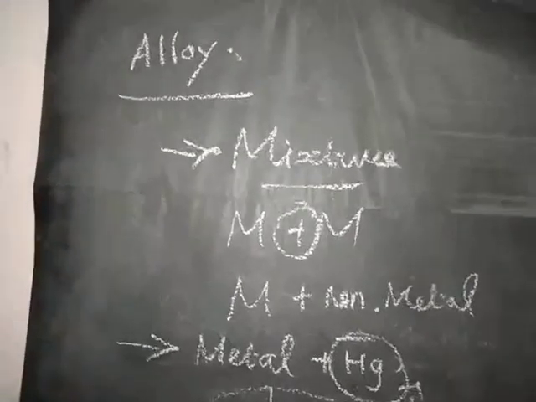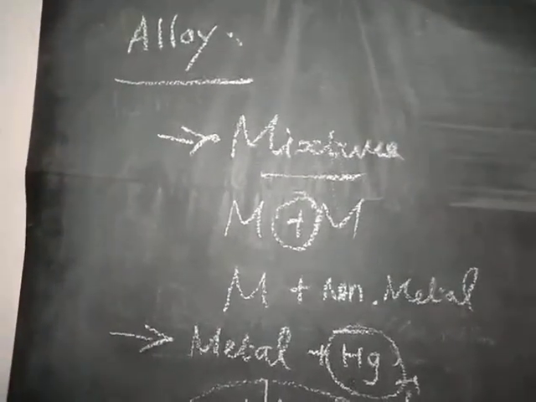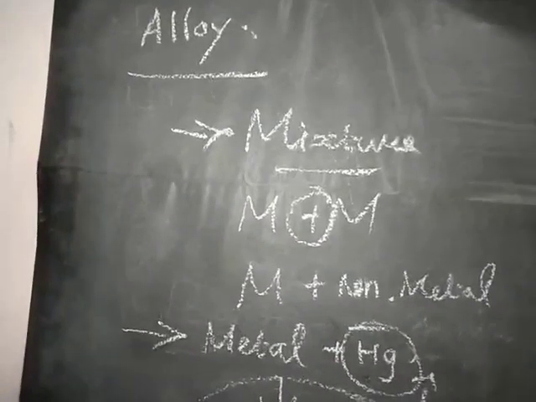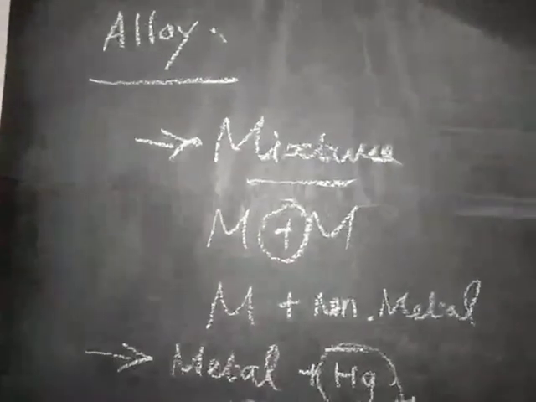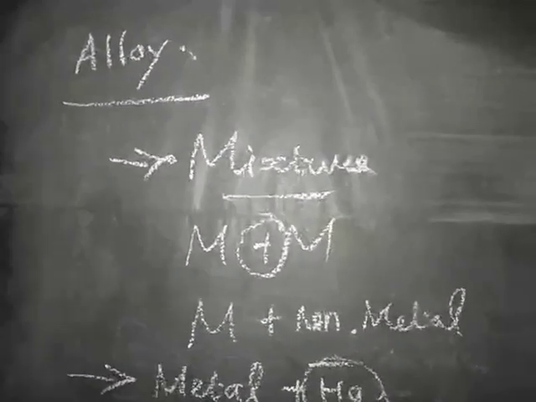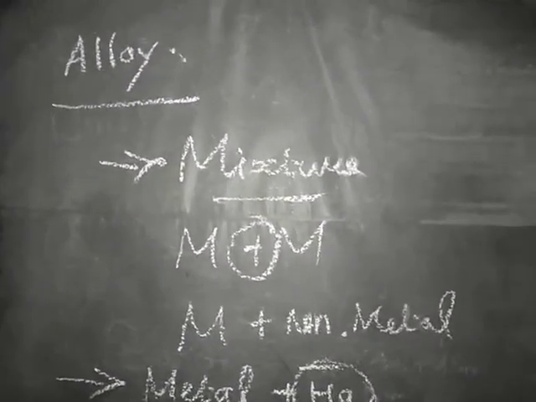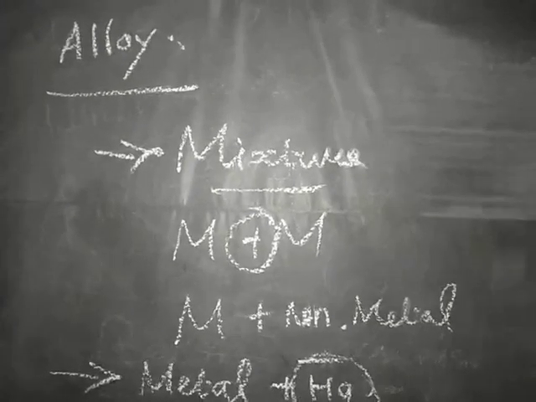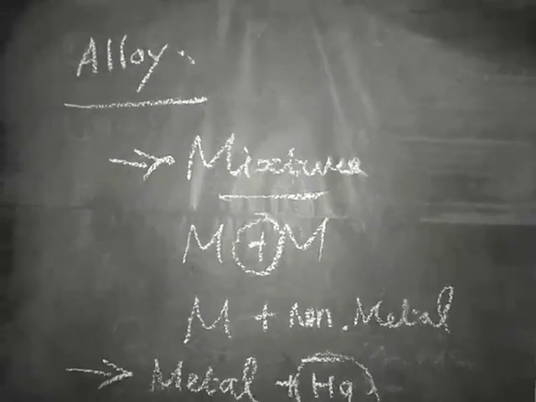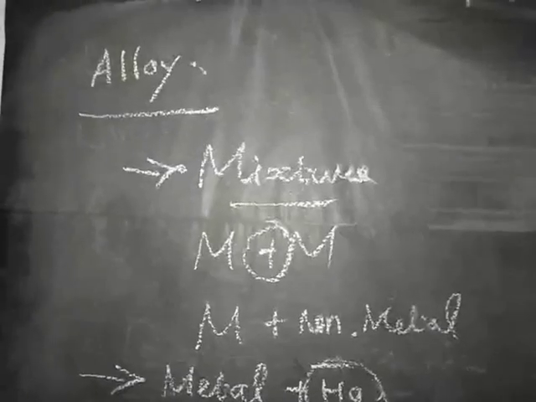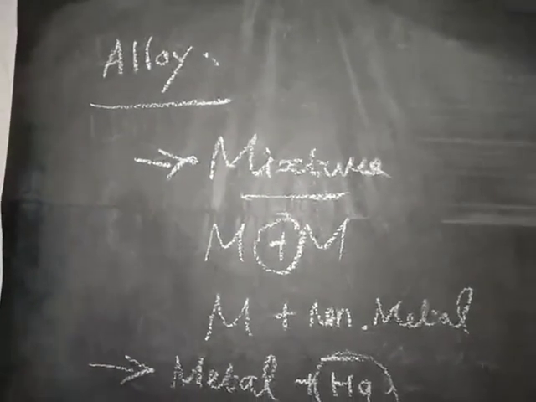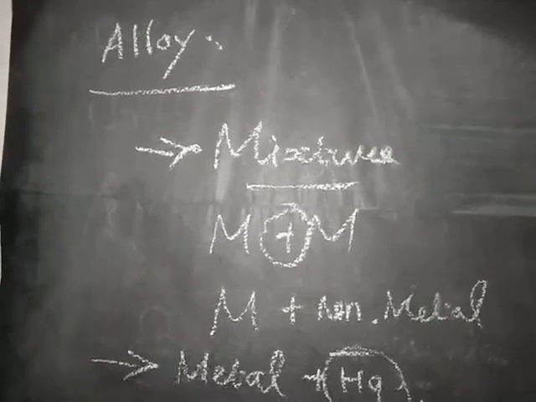Today's homework: take your textbook, evaluation, page number 146. Roman letters 1 to 6 are given. First, choose the correct answer. Second, fill in the blanks. Third, match the following. Fourth, say true or false; if the statement is wrong, correct the statement.